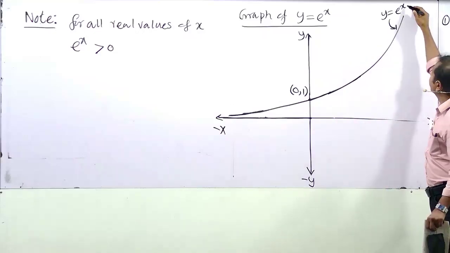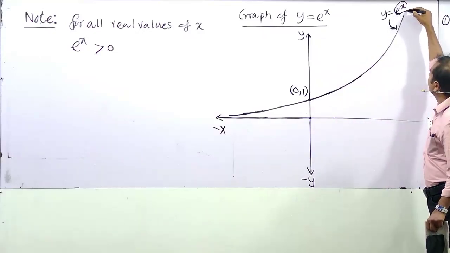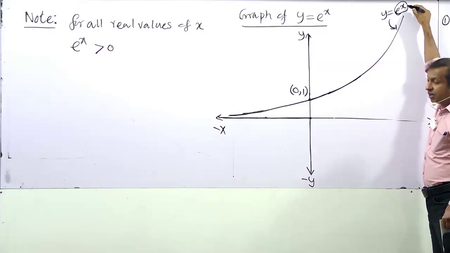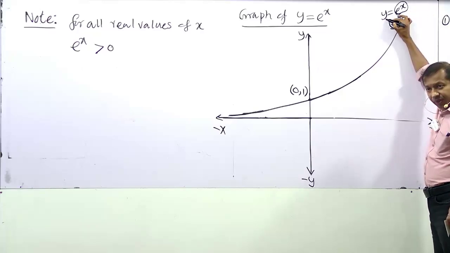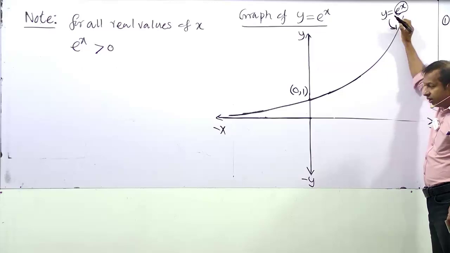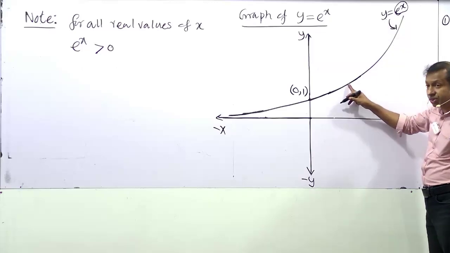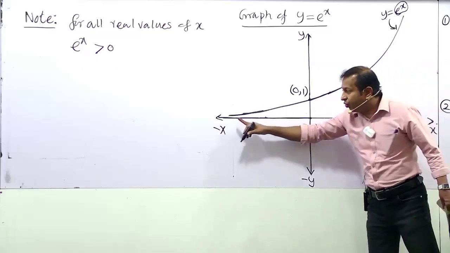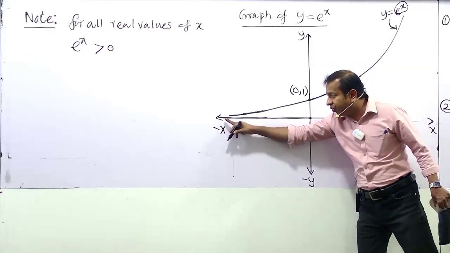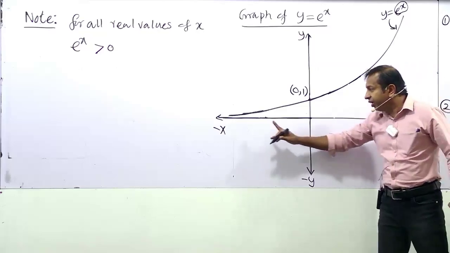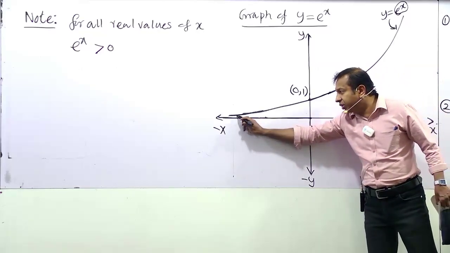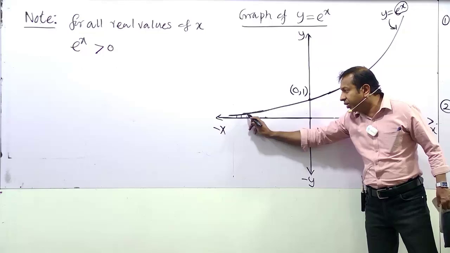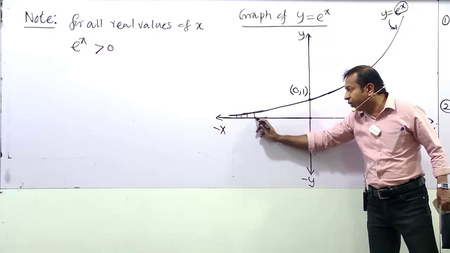e^x means this. e^x is this, and that is equal to y. Y means the height of this graph from the x-axis. You can see when you walk along the x-axis from negative infinity up to positive infinity, the height of this graph is y.